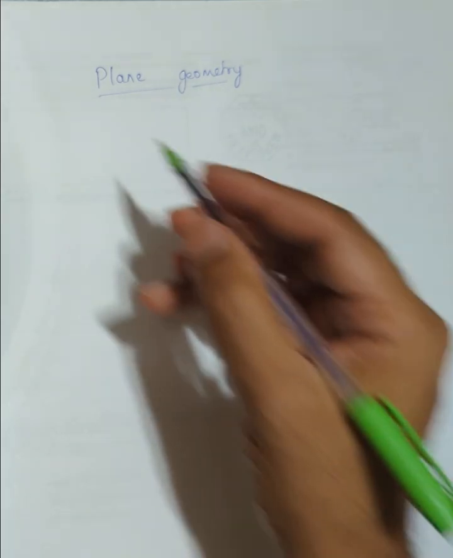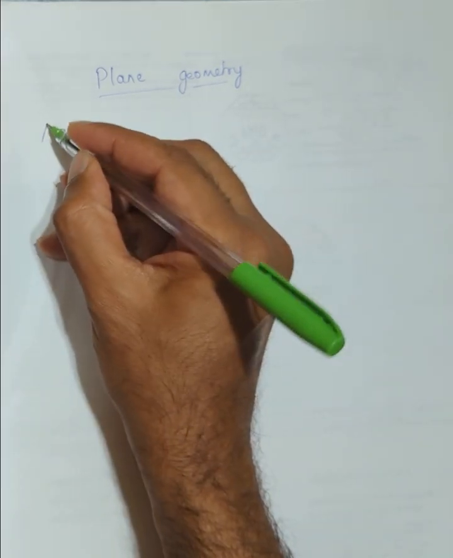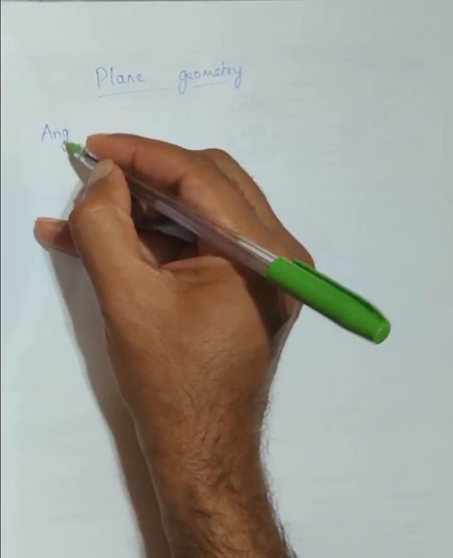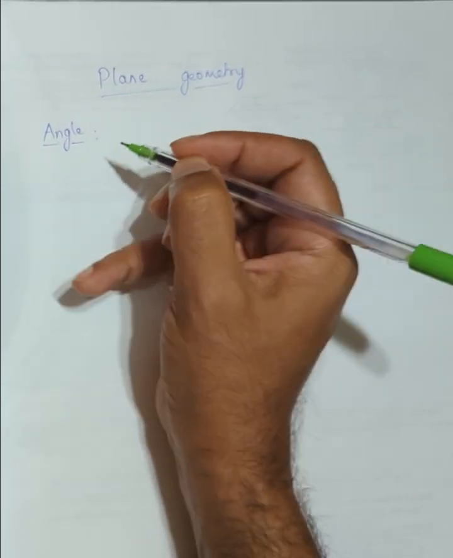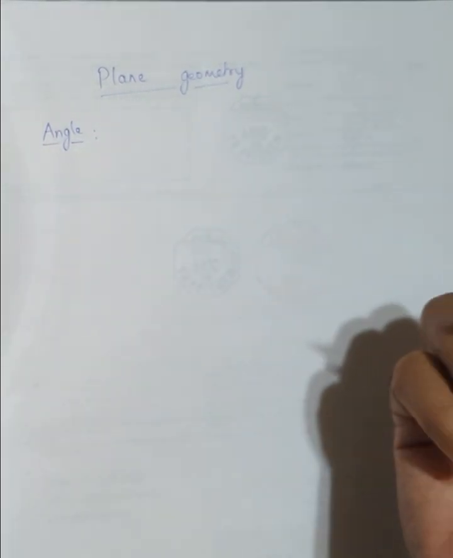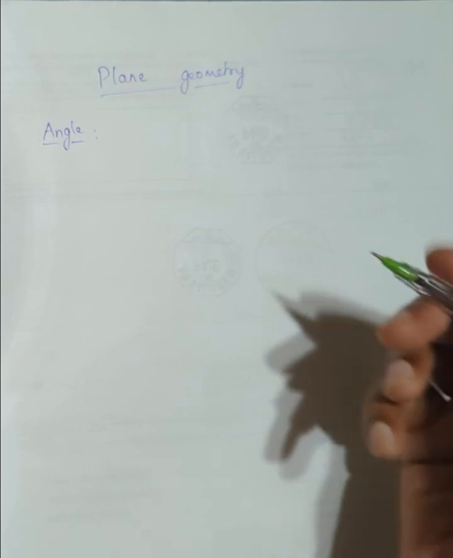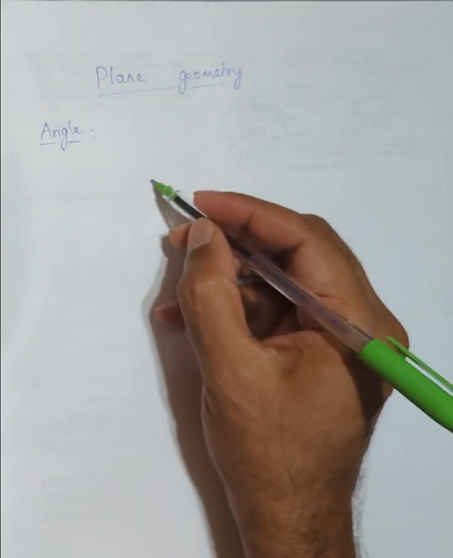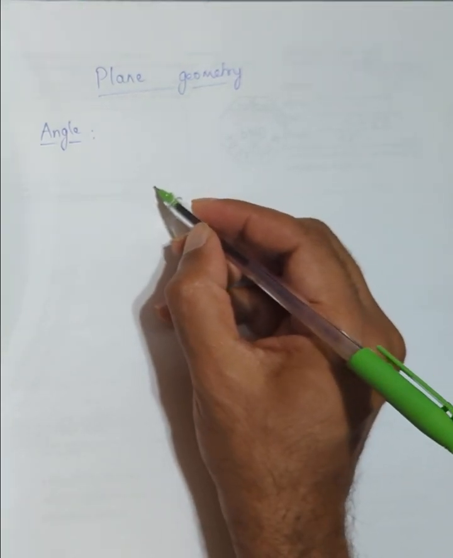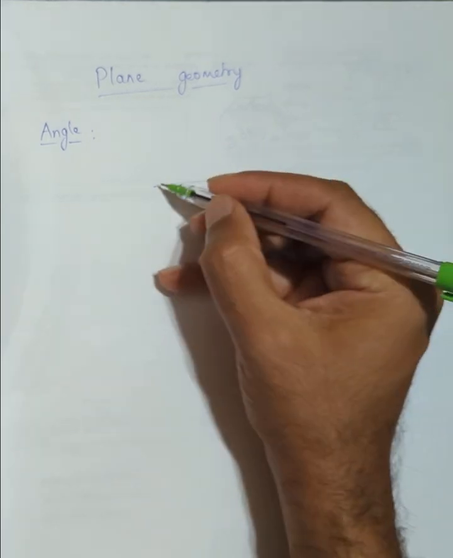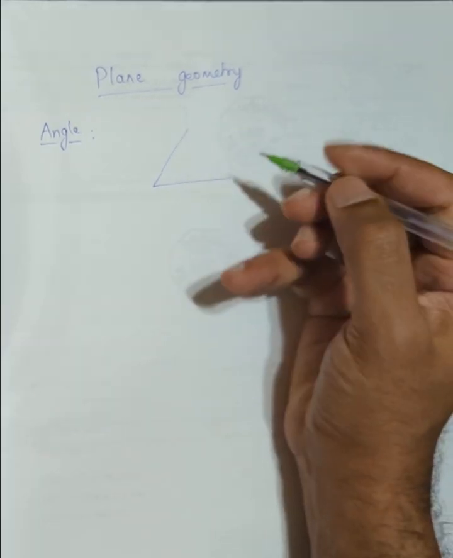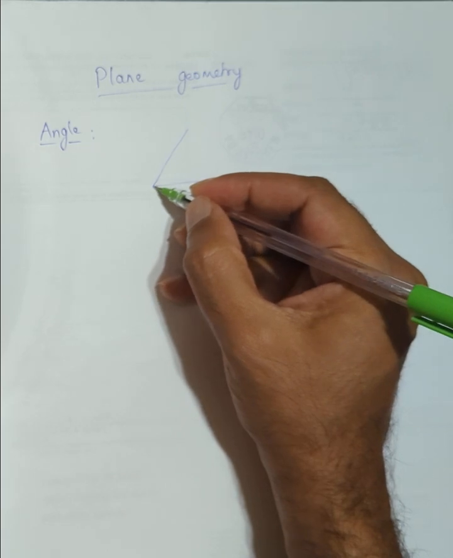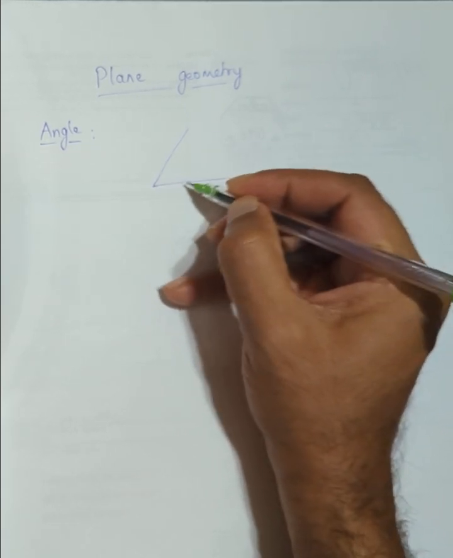A fundamental concept in plane geometry is that of an angle. And intuitively, you might know what an angle is. You can use a protractor to measure an angle. But what is an angle? So let's look at this picture where we are given two rays. You might have two rays that meet at some point.